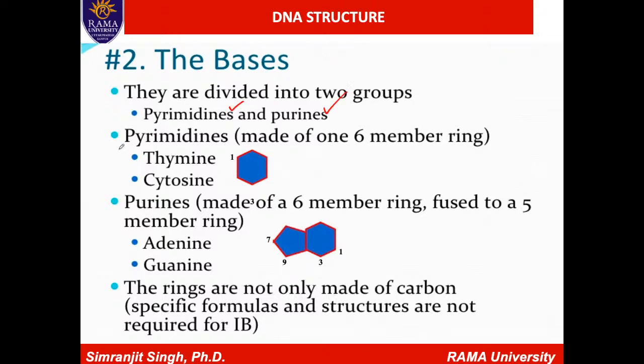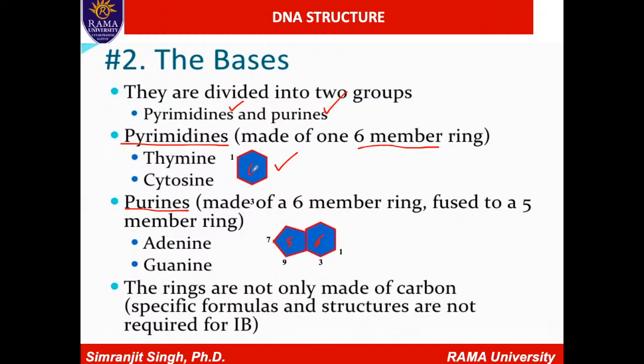Pyrimidines are made of one single 6-member ring, whereas purines have fused 5- and 6-member rings. There's a 5-member ring here and a 6-member ring here, and they are fused together.